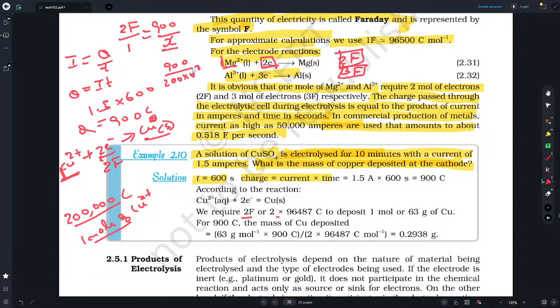Is this correct? Yes, 200,000, yes. 200 into 10 power 3, zeros cancel.